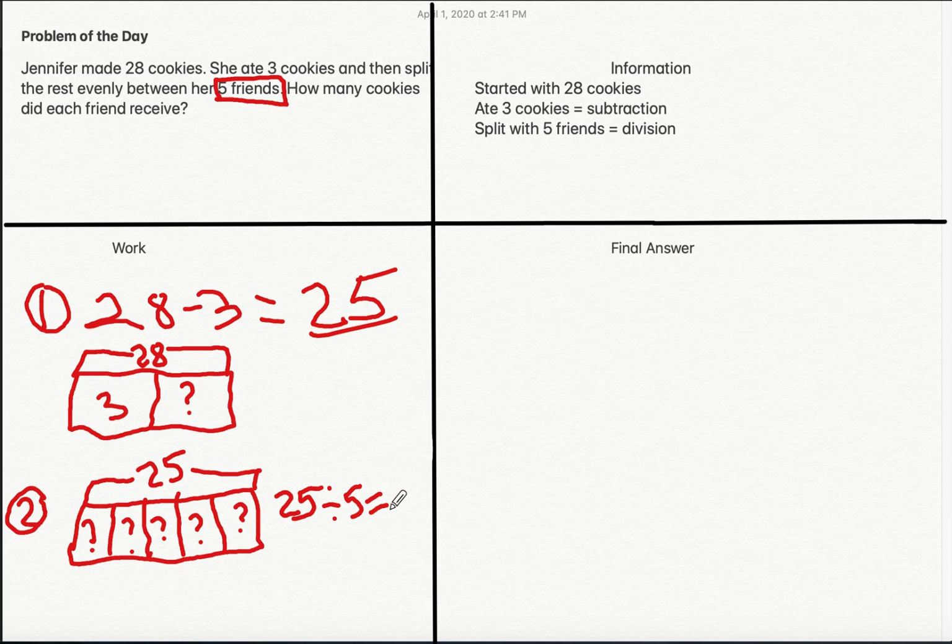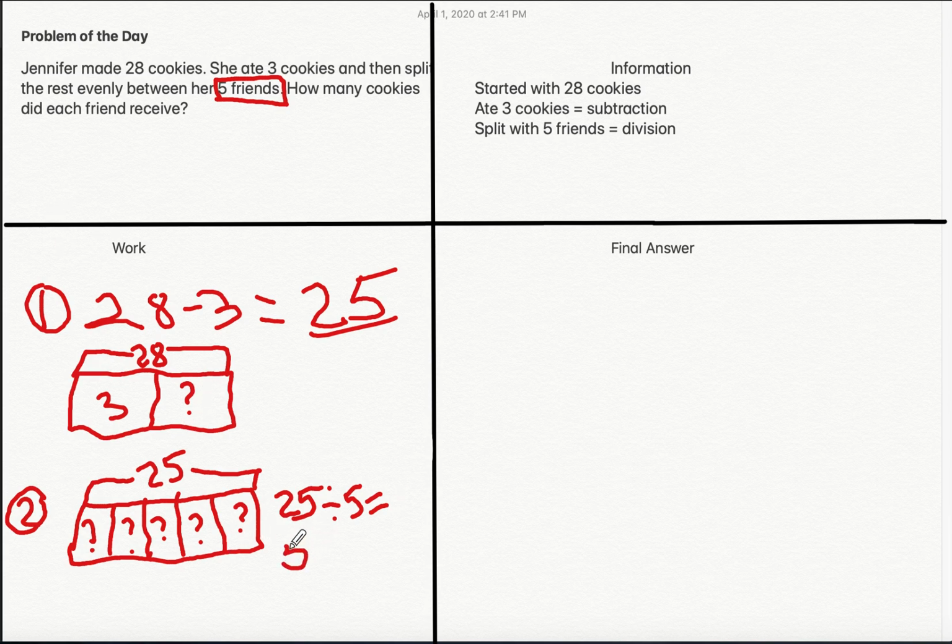Well, I could draw 5 groups and count up to 25 and see how many are in each group. I could do repeated subtraction till I get to 0, or I could know my multiplication facts. It makes life so much easier when you know them. What times 5 equals 25?